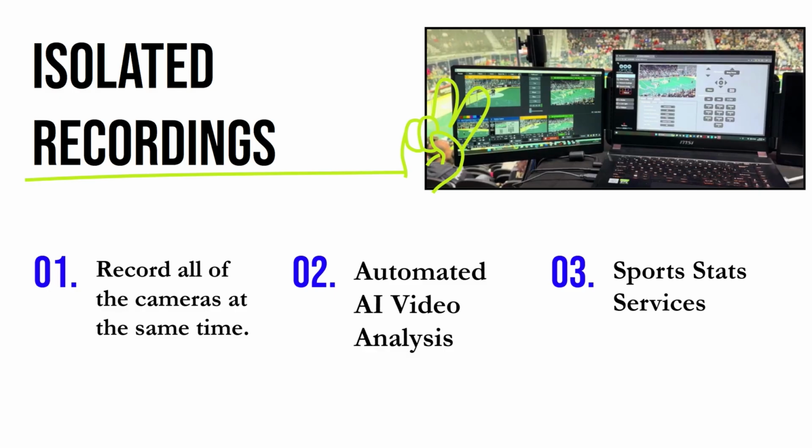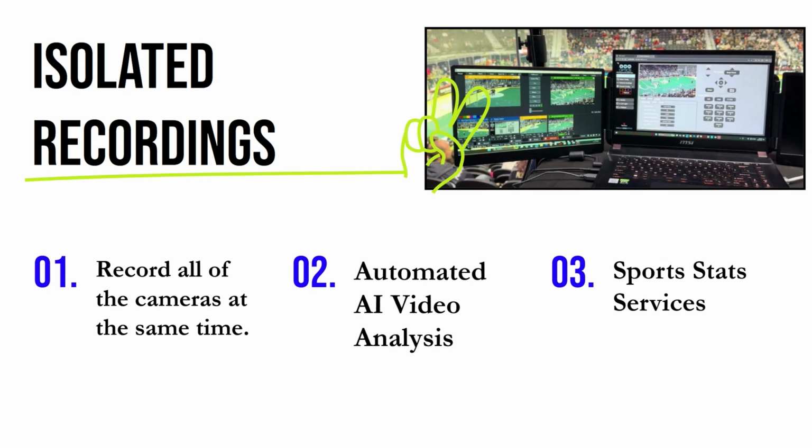Another tip that I like to give is to have isolated recordings, meaning if you have 4 cameras, record all of them independently at the same time. A common early rookie mistake is to just record the program output, meaning just the mixed video feed.